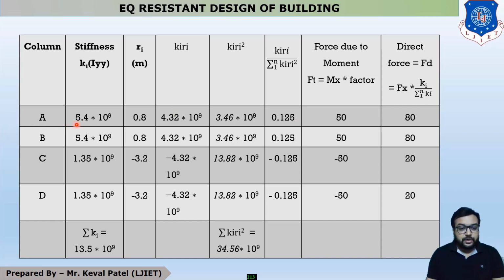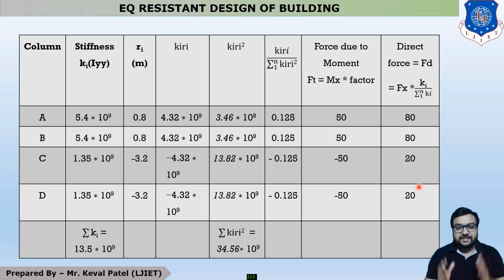That is 5.4 into 10 raised to 9 divided by 13.5 into 10 raised to 9, into 200. So we will get our answer 80. Next is 1.35 into 10 raised to 9 divided by 13.5 into 10 raised to 9, into 200. So you will get your answer 20, and the same, 20.